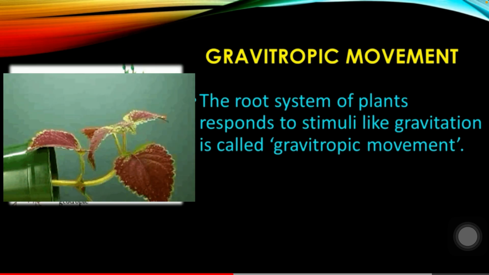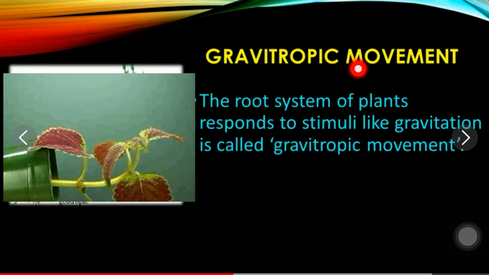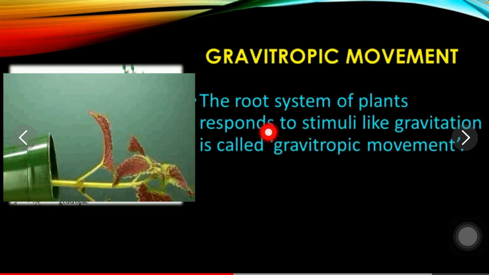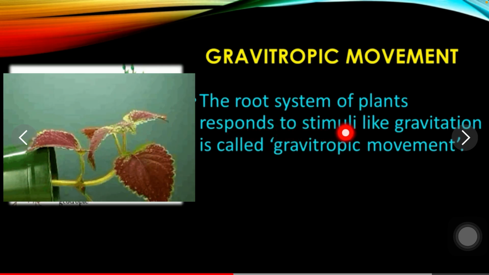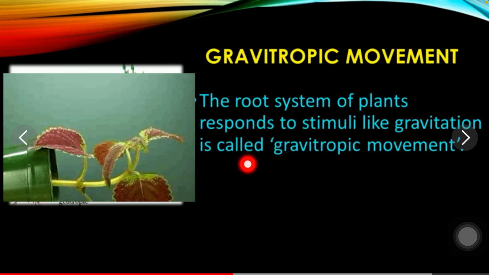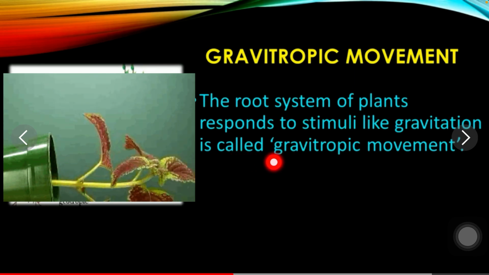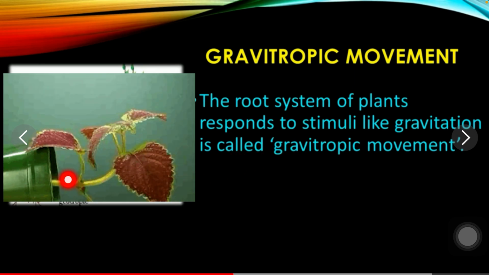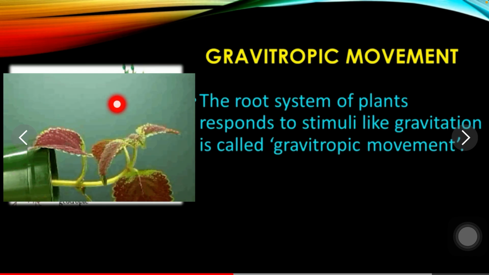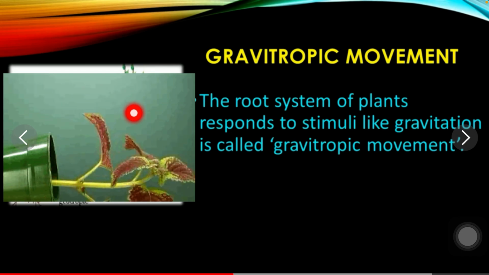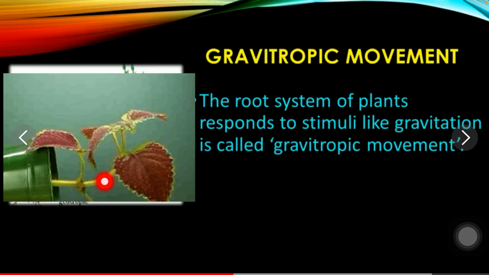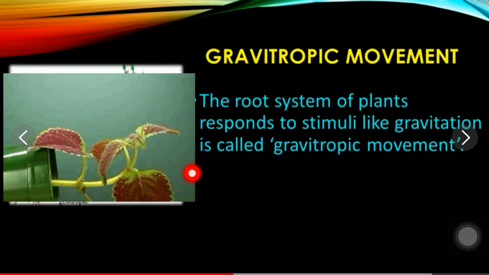Next is gravitropic movement. The root system of plants responds to a stimulus like gravitation, that is, gravity. As you can see here, this plant is bending, but still it is growing upwards. This is called gravitropic movement.